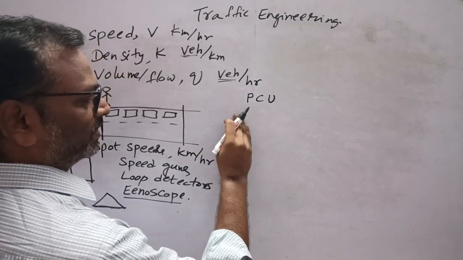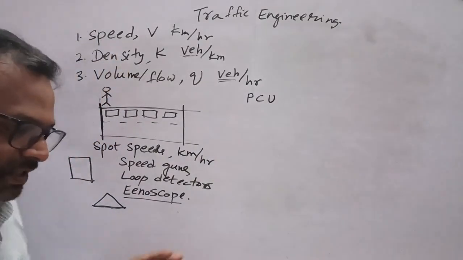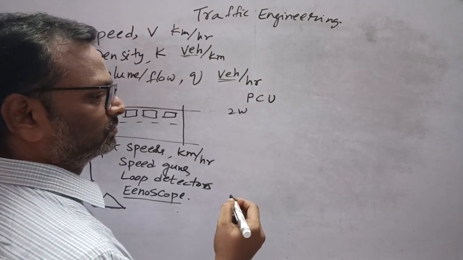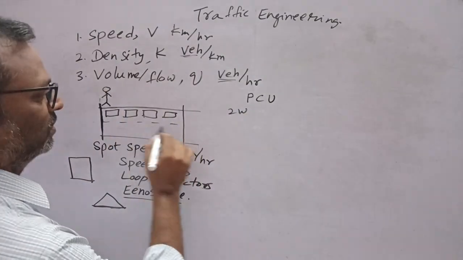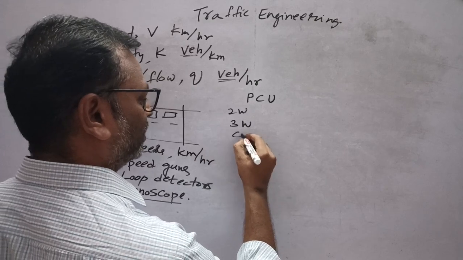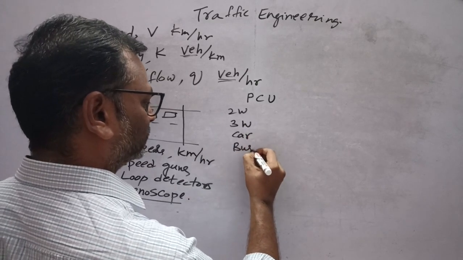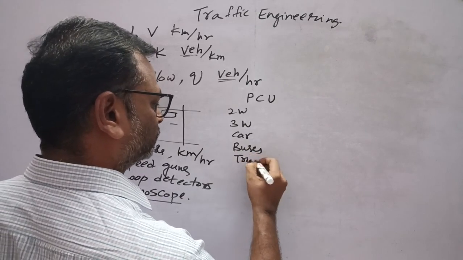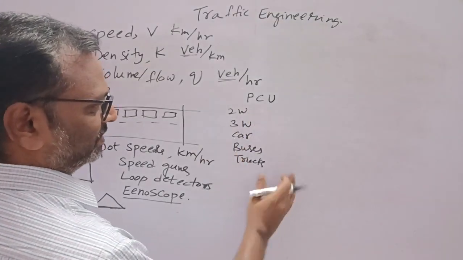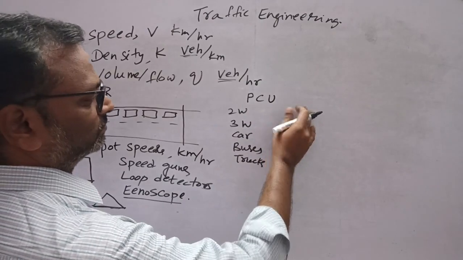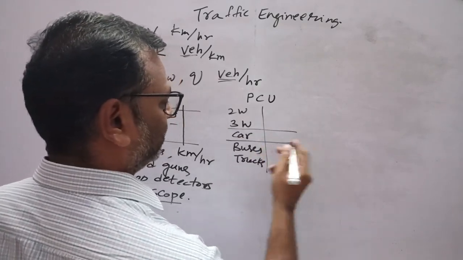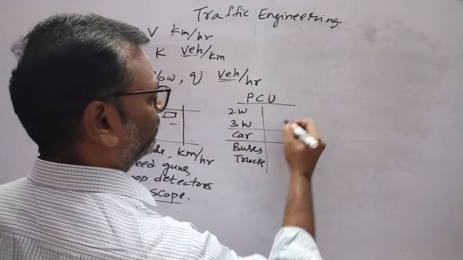Each vehicle has different measurements. We have two-wheelers which take small space on the road, and we have three-wheelers, and we have cars, buses and trucks, and there are different types of trucks. Everything should be converted into an equivalent, the same unit, where one car is considered as one PCU.